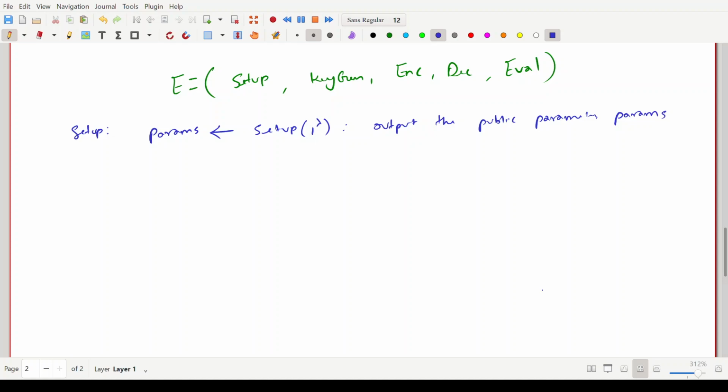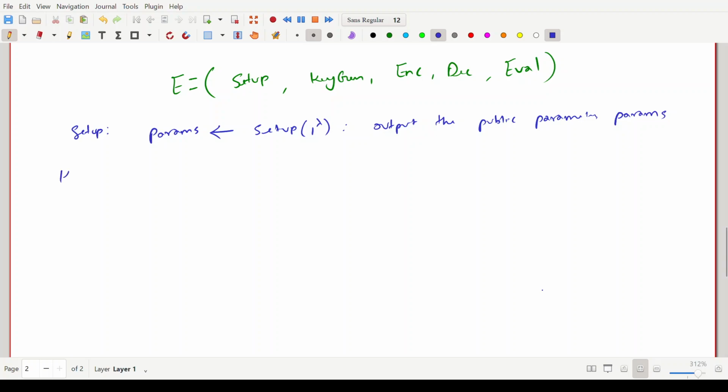If you give the input 1 to the power lambda to the setup, where lambda is the security parameter, that means the maximum bit length, then you will get the parameters. This is the first step, setup.